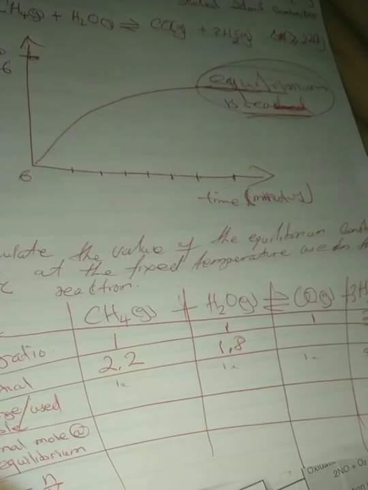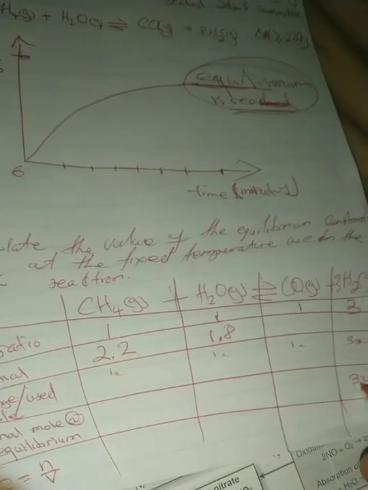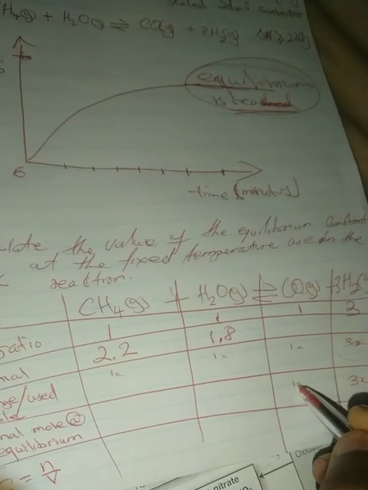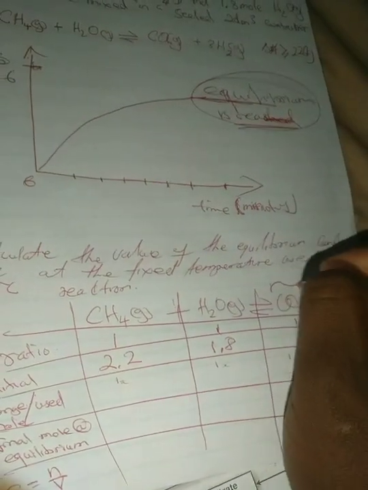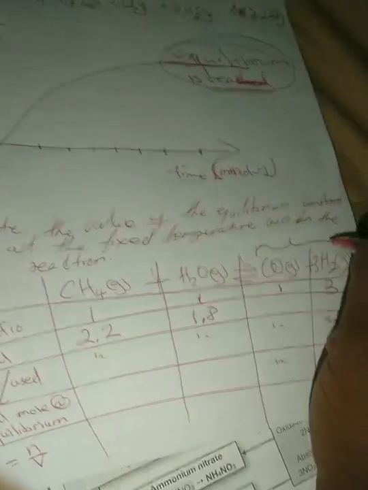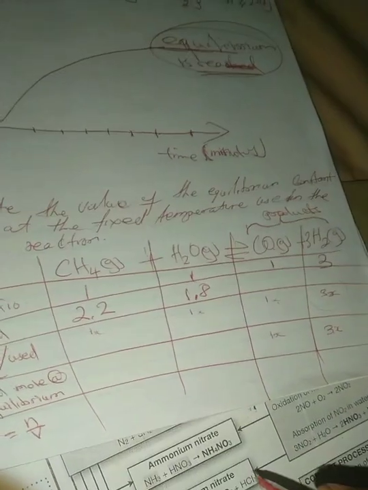Then I go to the change row. Here you also have 3x. The value here is the same as the value there, and this is the same as 1x. Since these are your products, you have two products in this case.